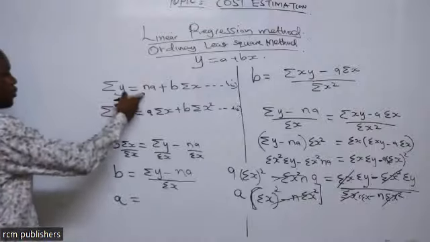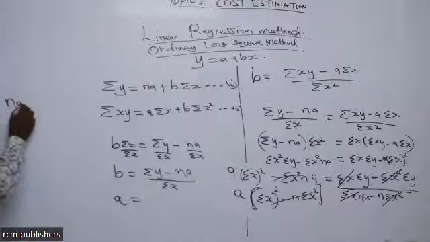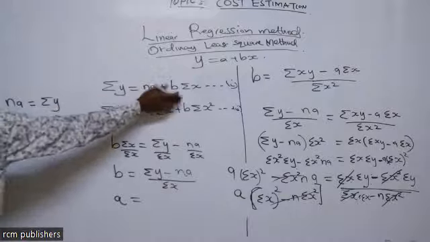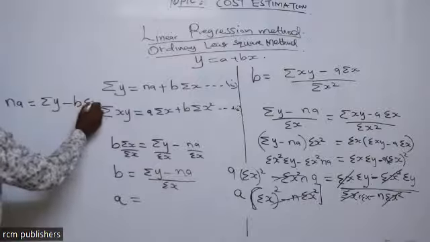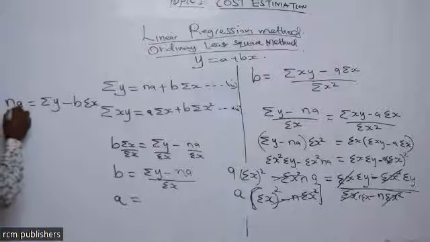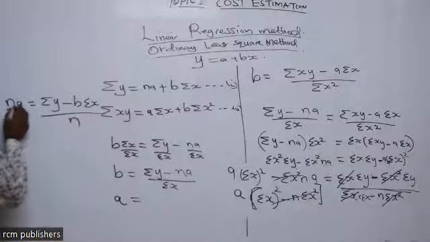So we simply come to this part here. Our A, or nA, is equal to summation of y. This one crosses the sign to be minus B summation of x. For us to get A alone, we divide both sides by n.